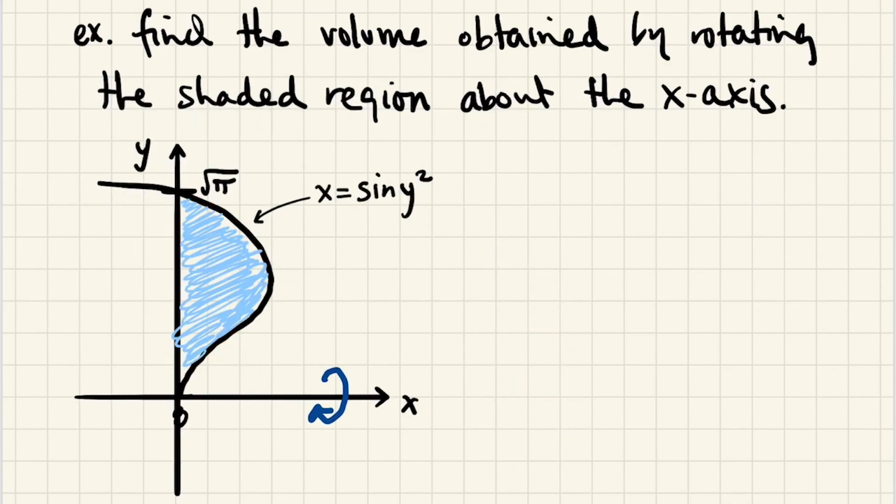So let's go with integrating with respect to y. We have a very clear, consistent rightmost function and leftmost function, and a nice beginning at 0 and a nice ending at root pi. Our sample rectangle is parallel to the axis of rotation, so we will be using the shells method.